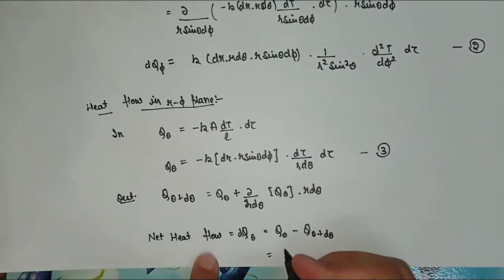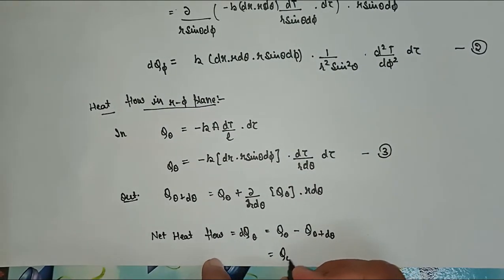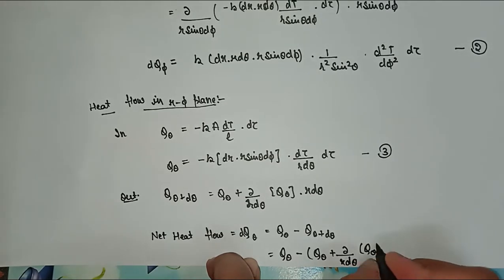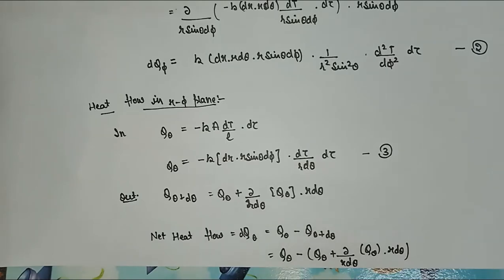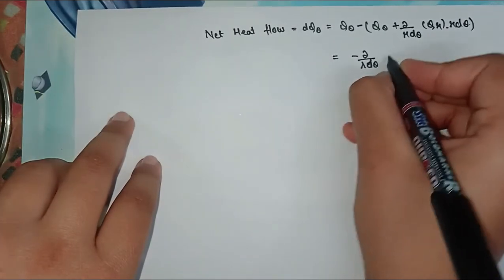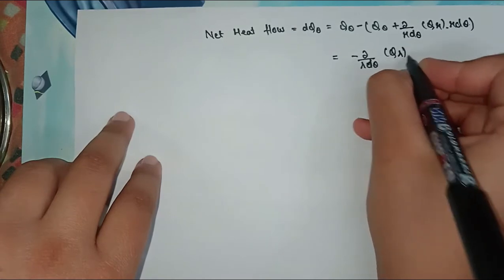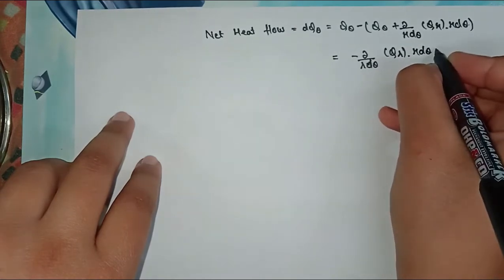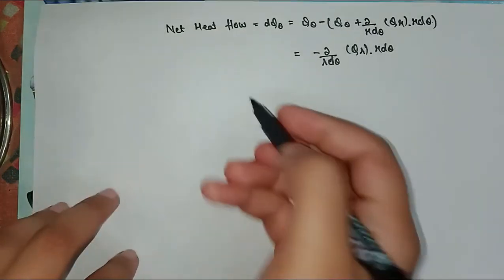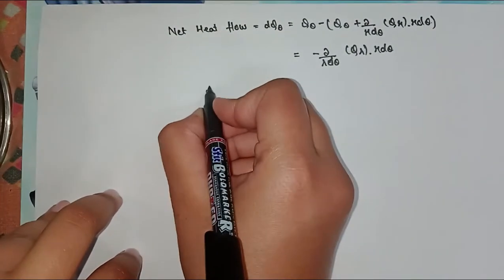Now substituting the value of Q theta plus d theta, solving this, we will get dQ theta is equal to negative of the partial derivative of Qr divided by r d theta into r d theta.